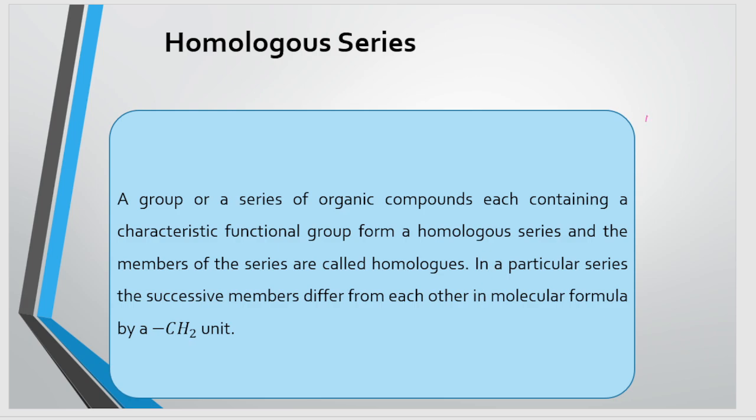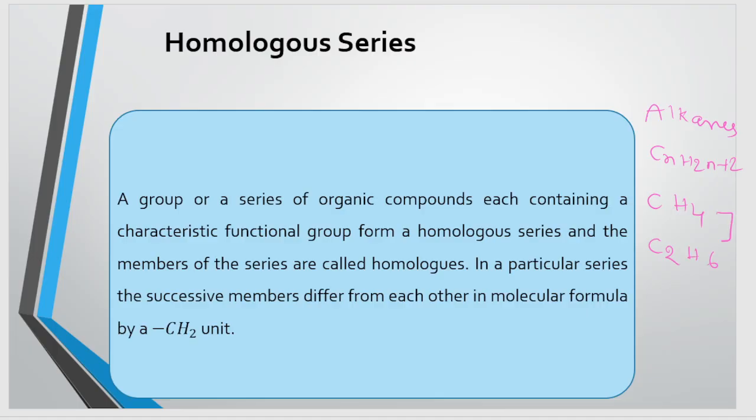Suppose we consider alkanes, and CnH2n+2 is the general formula of the alkane, and the first member of the alkane is CH4. If we want to write the second member, then it must be C2H6.